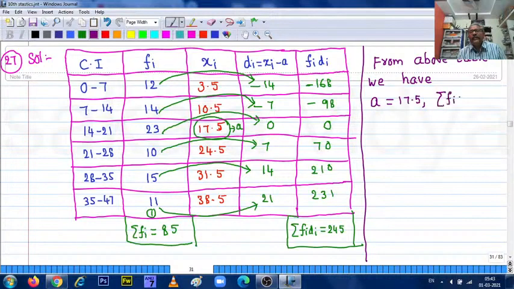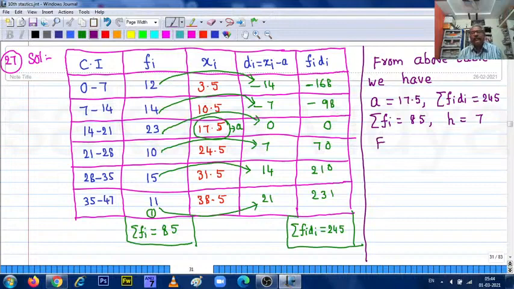Sigma Fi di 245. Next, sigma Fi is 85. Next, you need to write h value, class size is 7. How could you get? Very simple, 7 minus 0, 7. Otherwise you find difference, 10.5 minus 3.5, 7 also. The class size is 7, you can write.